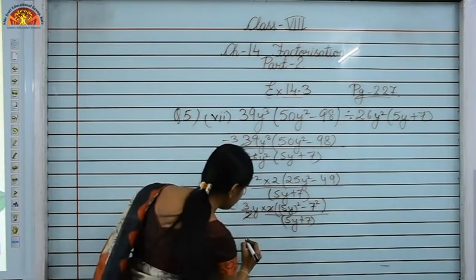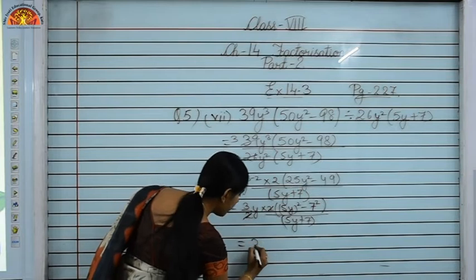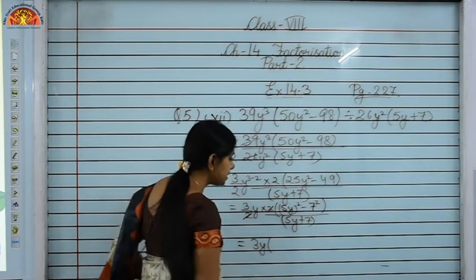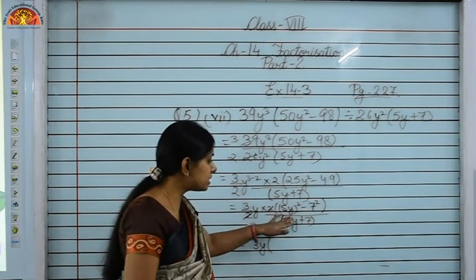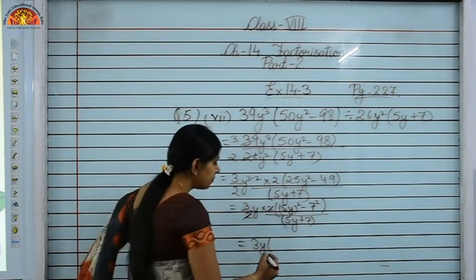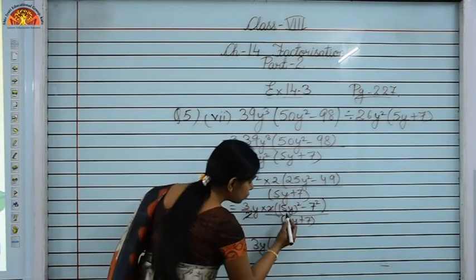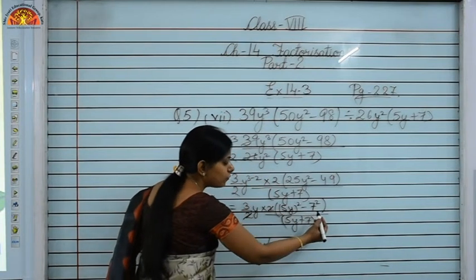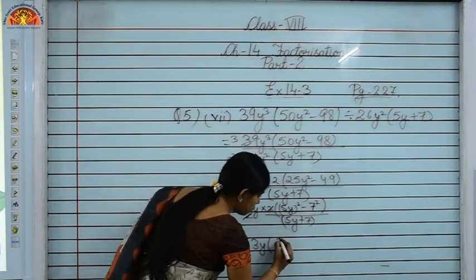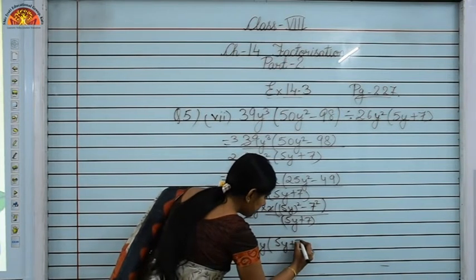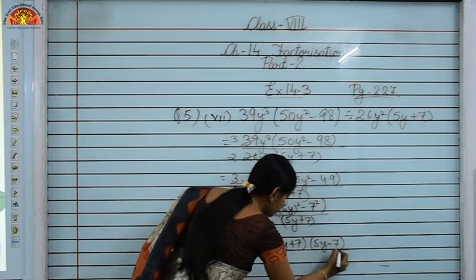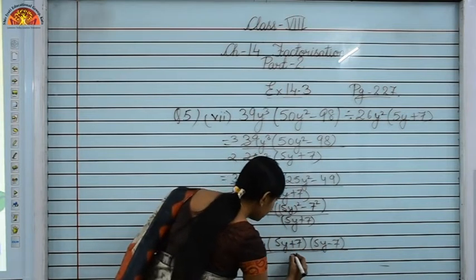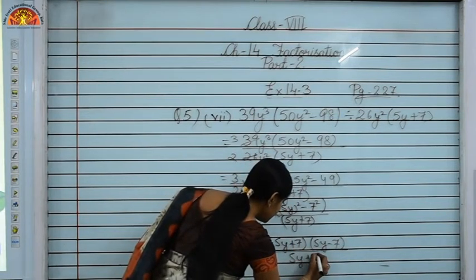So it will be 3y, and you can see this is the form of a square minus b square, and when you expand this identity, it becomes (a minus b) into (a plus b). So the value of a is 5y and the value of b is 7. So it will become (5y plus 7) and (5y minus 7) whole divided by (5y plus 7).